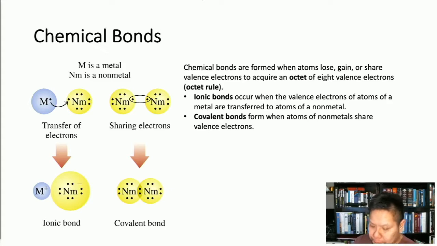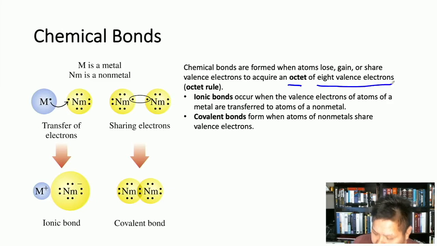All of this is predicated on the octet rule, which I was talking about in the last lecture. The octet is 8 valence electrons in the outer shell. In the example of an ionic bond that we have over here, we have a metal. Ionic bonds are usually between metals and nonmetals, and they involve a transfer of electrons.